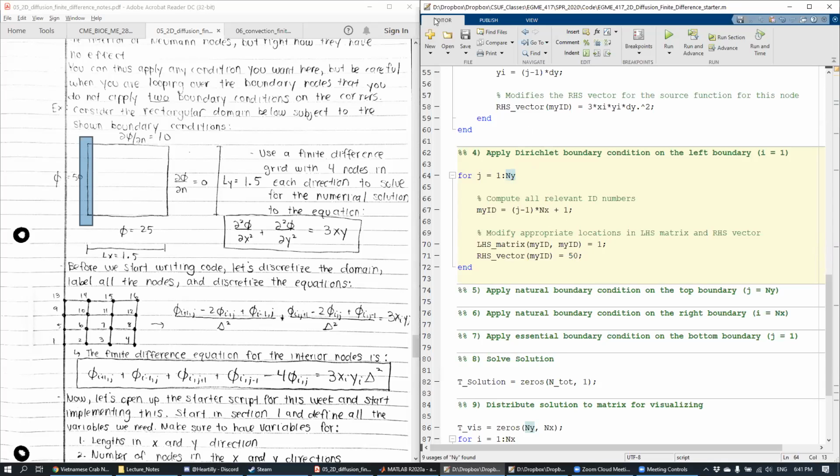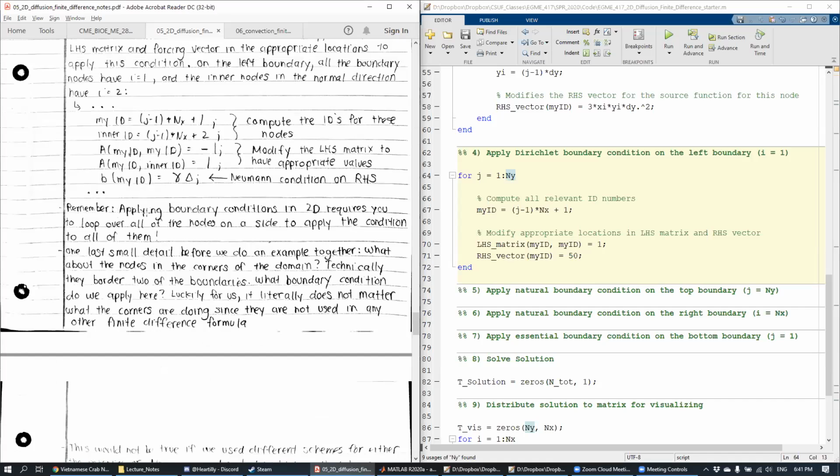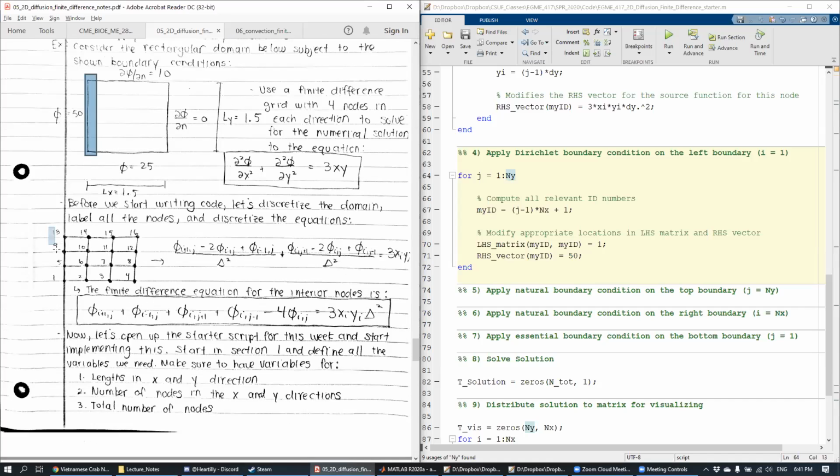Can you mention again why in the relevant ID numbers you have 1 instead of i? Yeah, sure. So remember, in this loop right here, we're applying the boundary condition on the left boundary, and so it's basically all the nodes here. Actually, let me do it down here, to make it a bit easier.